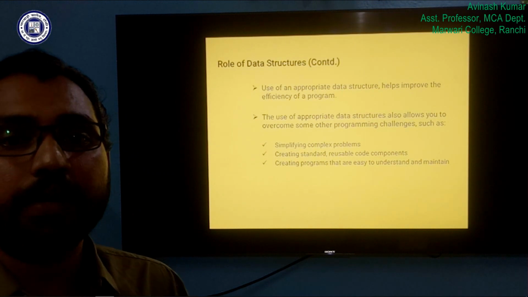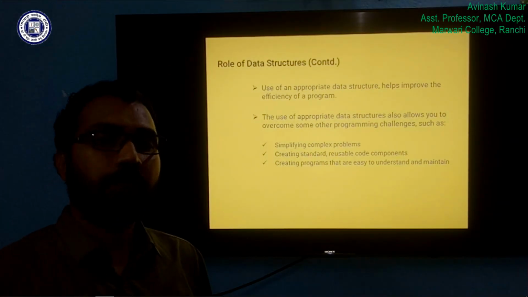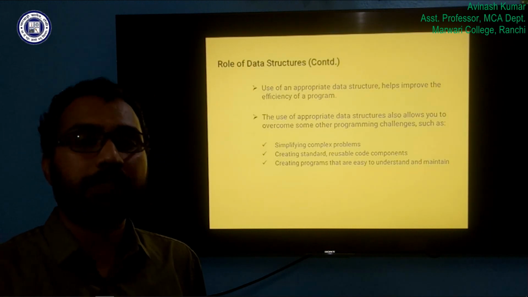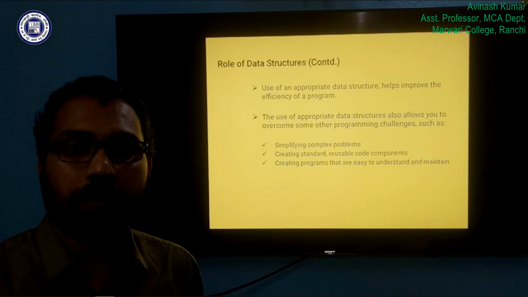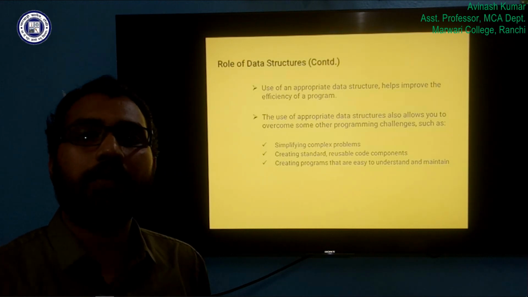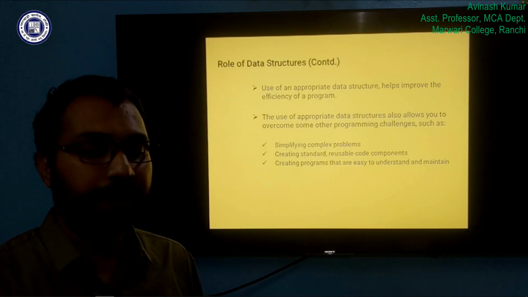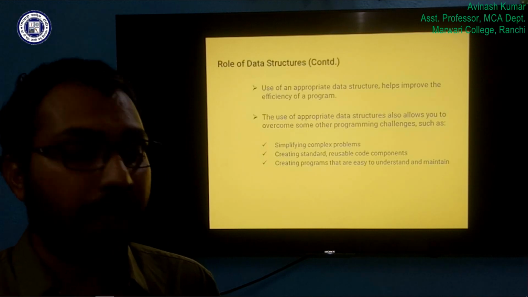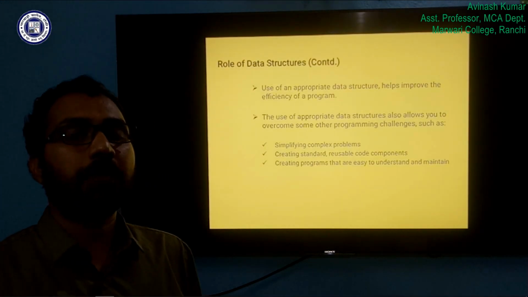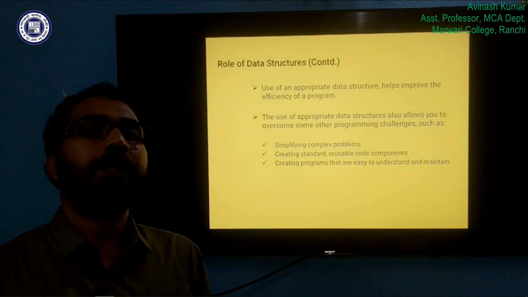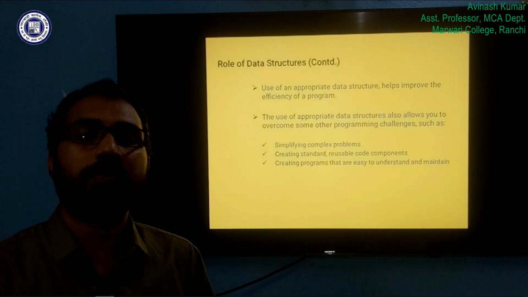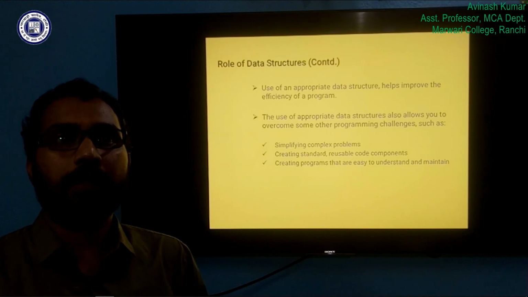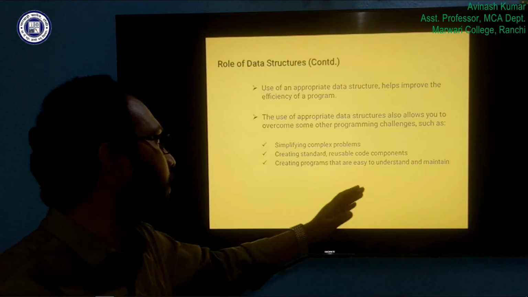The next one, creating standard and reusable components. So whether you are going to create a component, a program, or software which has a reusable part, or it is a standard component or standard software. The next one, creating programs that are easy to understand as well as maintain. As we might have an idea about software engineering, where we might have studied SDLC, in this SDLC we have a phase known as the maintenance phase.